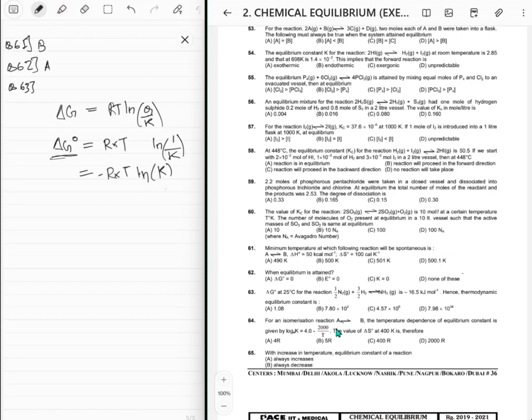Otherwise, you could just write it like this. So if they gave us what delta G is, we can figure out what K is from that. K will just be e power negative delta G on RT, right? And what are the values?